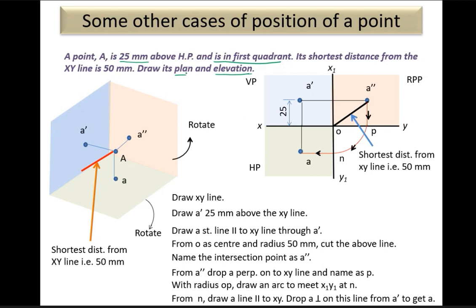Plan is basically your top view, and elevation is your front view. Elevation means the height, so the height of the point we can get from the front view only.